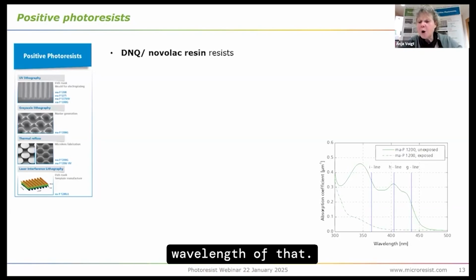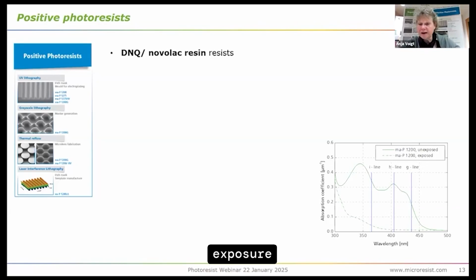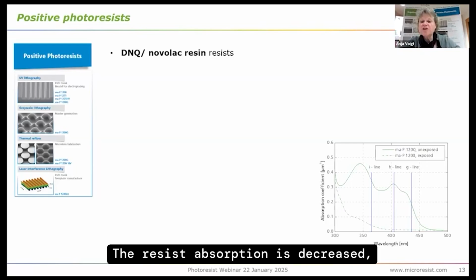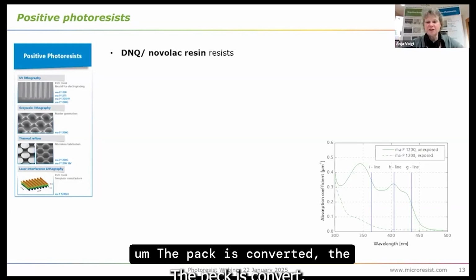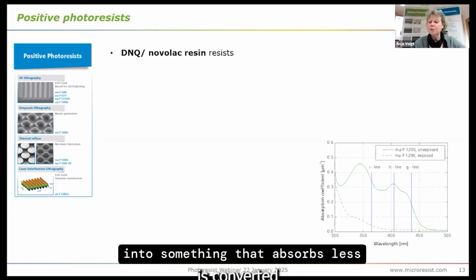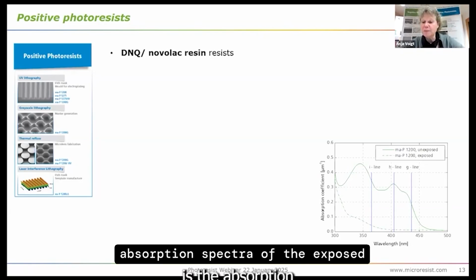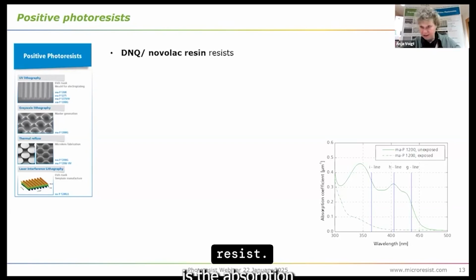What you can also see here, after exposure, the resist absorption is decreased, meaning the resist is bleaching out. The PAC, the photoactive compound, is converted into something that absorbs less light. So the dash-dotted line is the absorption spectrum of the exposed resist.